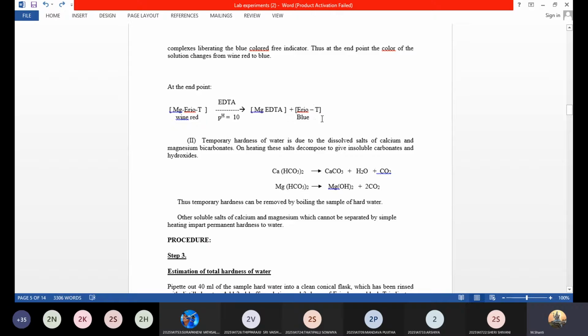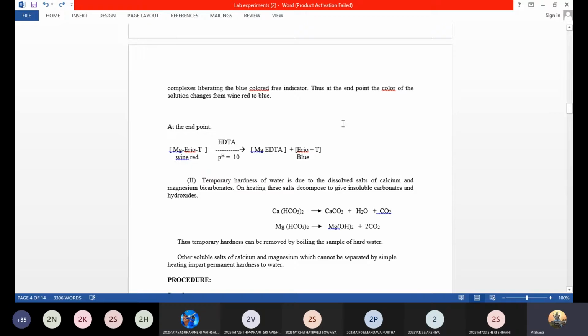You got my point, girls? Have you understood? Yes. So the blue color at the end point is because of the liberation of the free indicator. So please note down here, if you have any doubts, you can just mention a book for this. So here you can write free indicator.